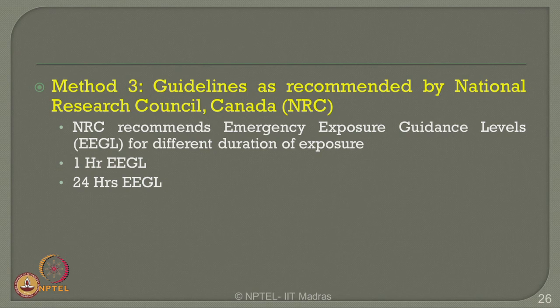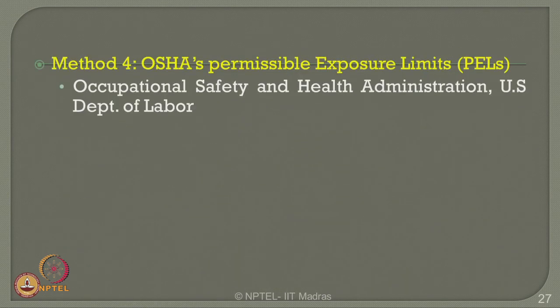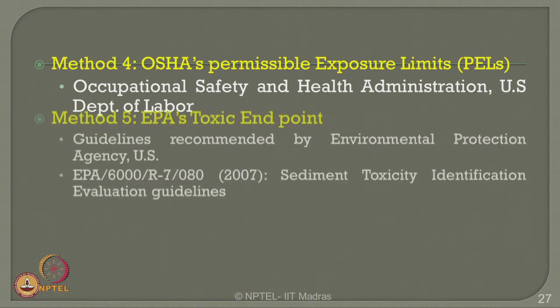The next alternate method available to check toxicity permissibility on humankind is method 4, which is OSHA's permissible exposure limit, what we call PEL. Occupational Safety and Health Administration, US Department of Labor, recommends permissible exposure limits of different toxic chemicals on humankind. One can check whether they are within the limits given by PEL of OSHA, and one can say whether they are safe for humankind or not.